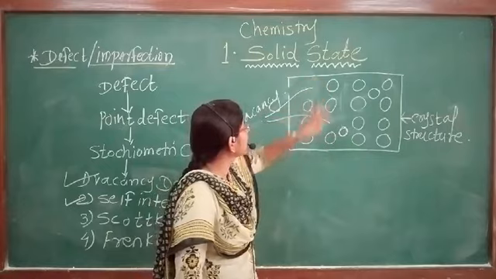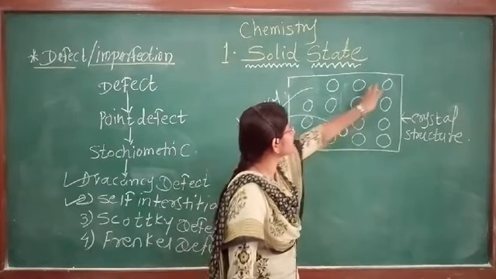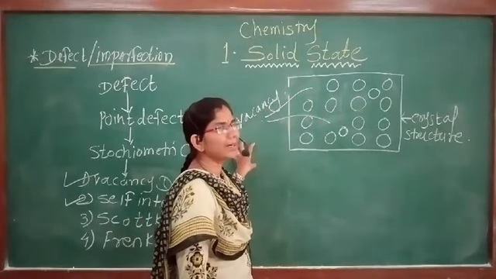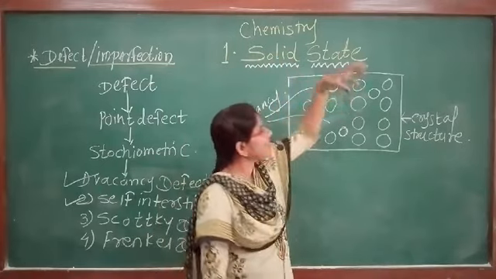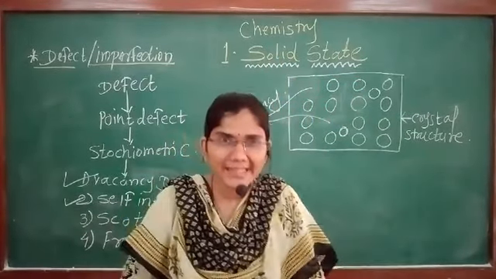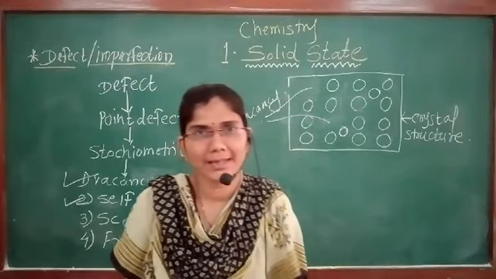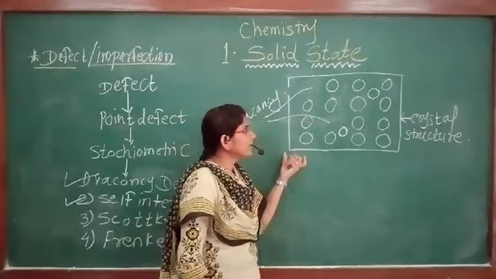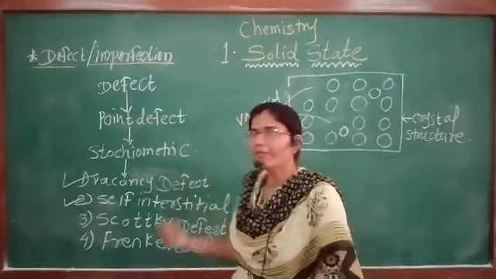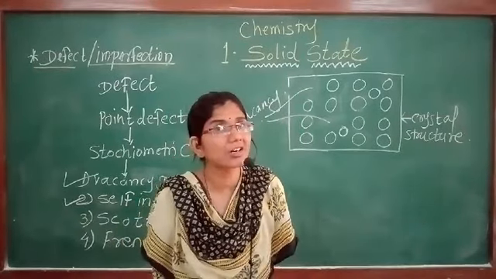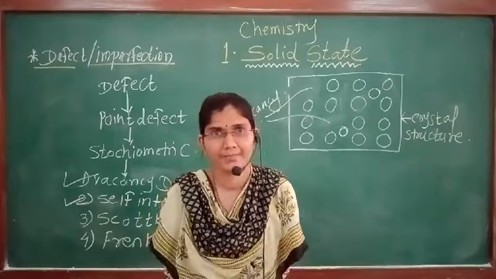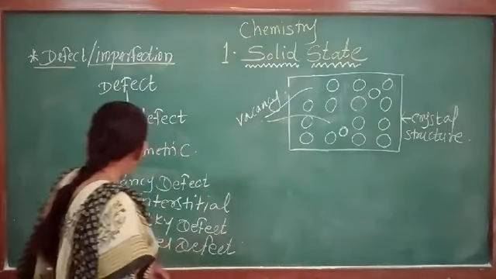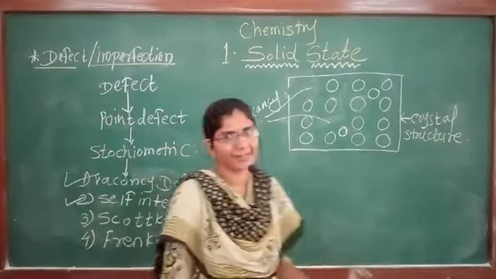But the particles are present in the same crystal structure, and therefore the volume remains the same, the mass also remains the same, and therefore the density for the self-interstitial defect does not change. It remains as it is. So this is the first way of a self-interstitial defect.